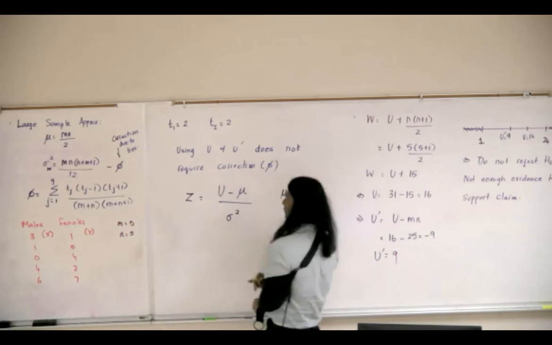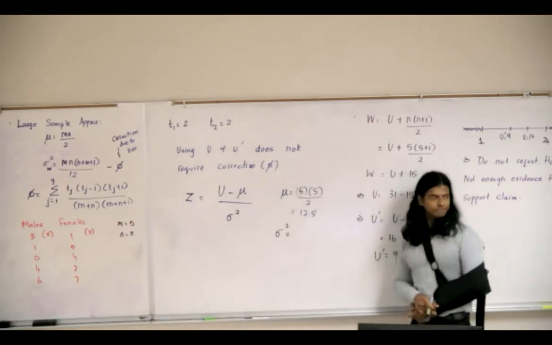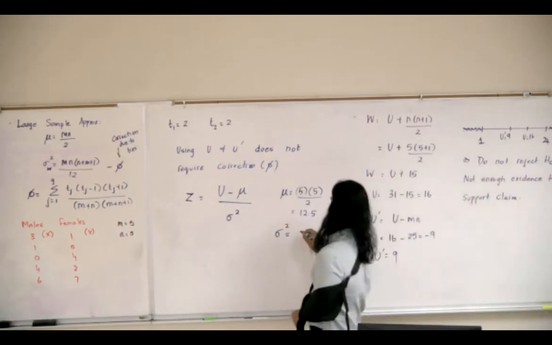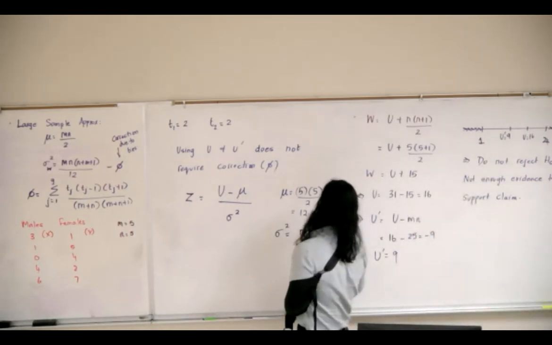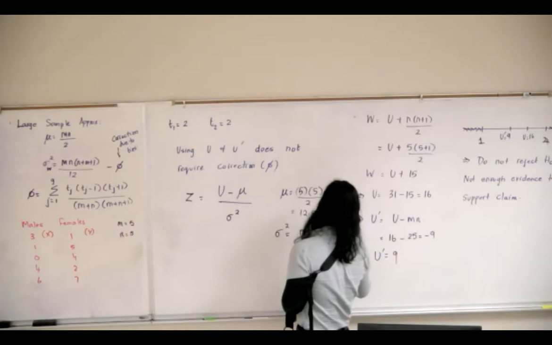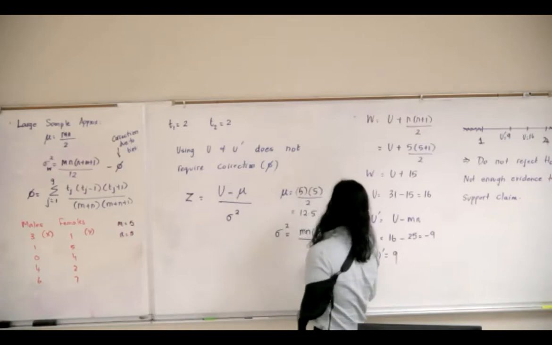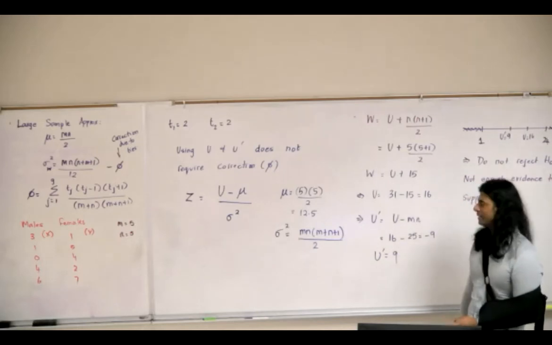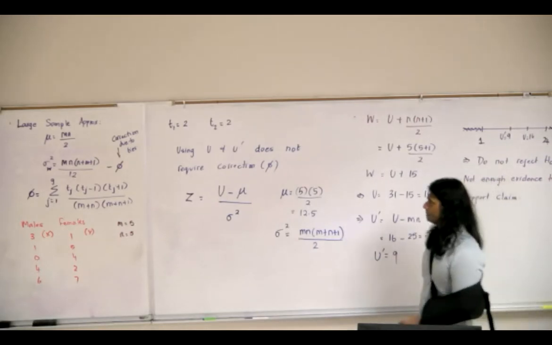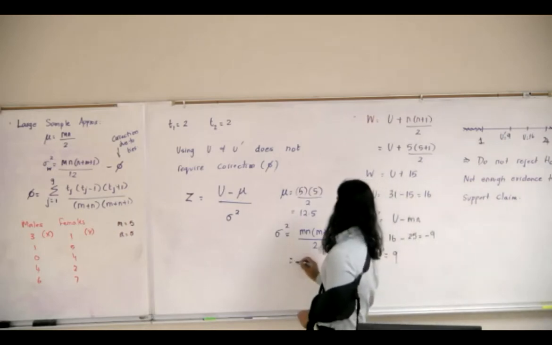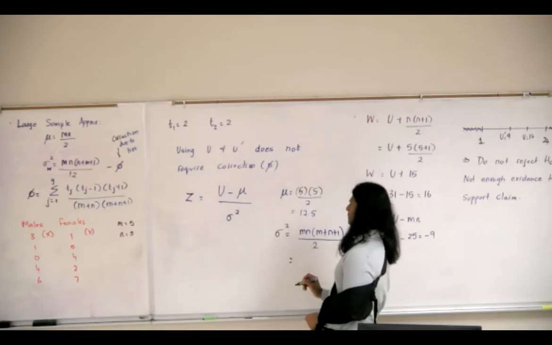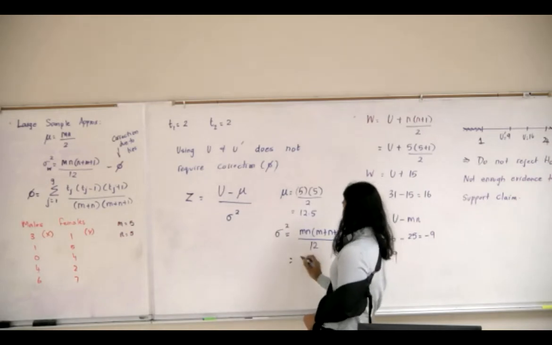What is the formula for the variance? m times n multiplied by m plus n plus 1 over 12. Oh, 12, thank you.